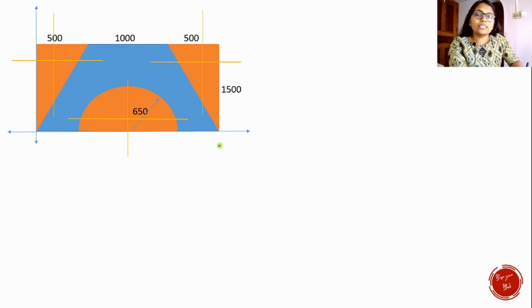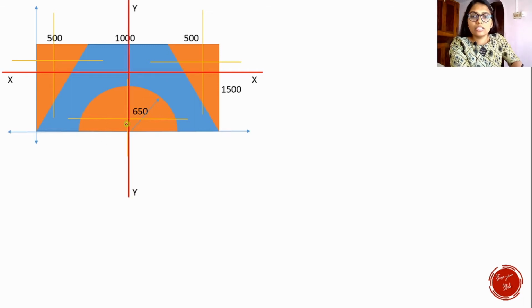Now next are the steps to find out the moment of inertia of this blue color portion. Okay, as I said, we are going to find the moment of inertia about the centroidal x-x axis and centroidal y-y axis. Here comes the centroidal x-x axis and here goes centroidal y-y axis. Also we are known with the point, isn't it?